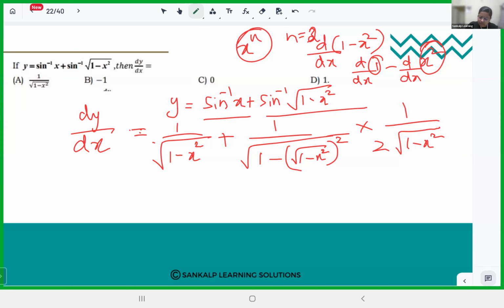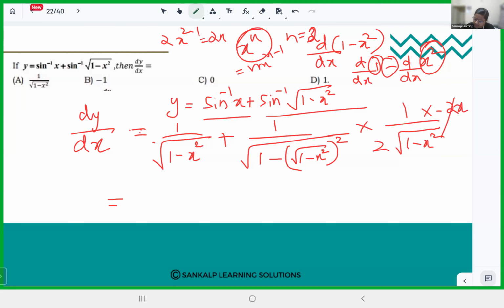So what is the derivative? It is n x raised n minus 1, which means 2x raised to 2 minus 1, that is equal to 2x. So d by dx of 1 minus x square is nothing but minus 2x. Here there is a minus, right? So minus 2x.